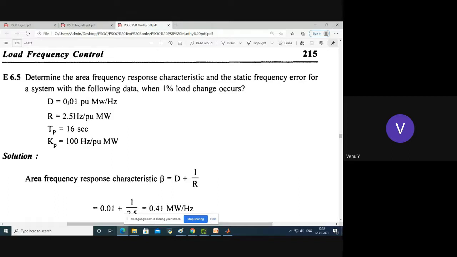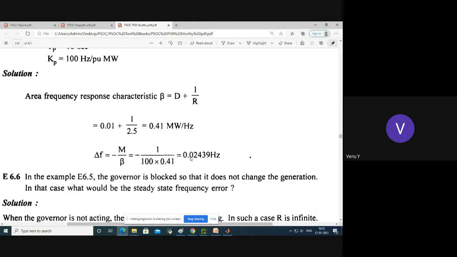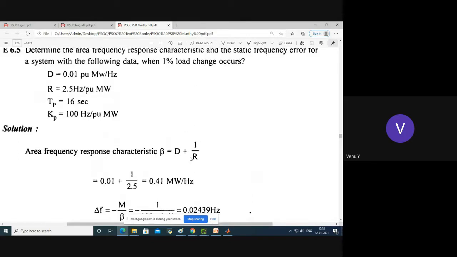Here 0.01 is the per unit megawatt, and the actual value is 2.5 per unit megawatt.